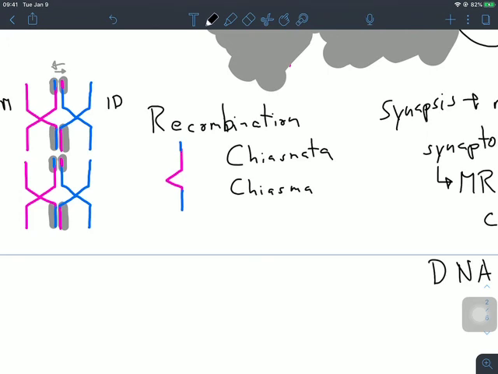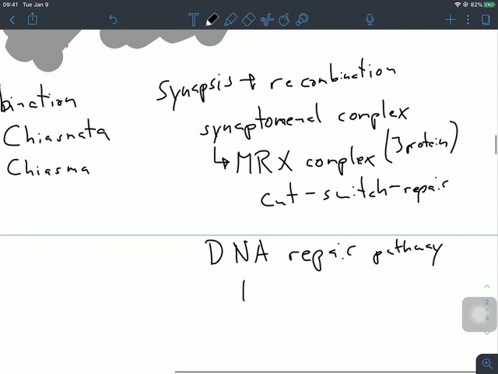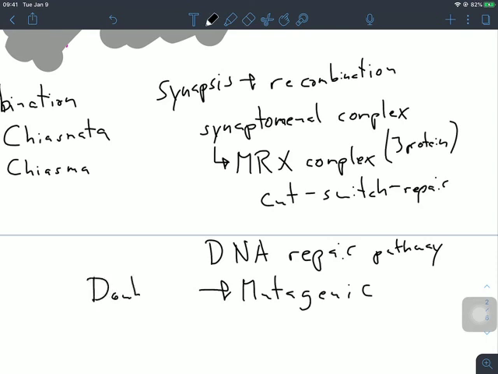Anytime you are breaking DNA or cutting DNA and repairing DNA, that process is inherently mutagenic. And we refer to any of that cutting of DNA as a double strand break, or DSB.